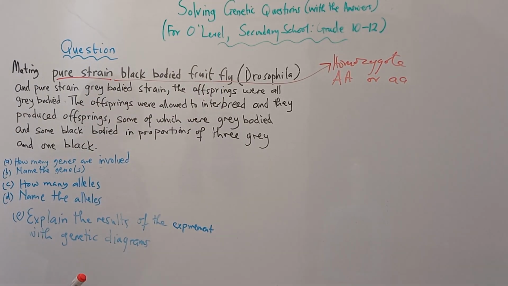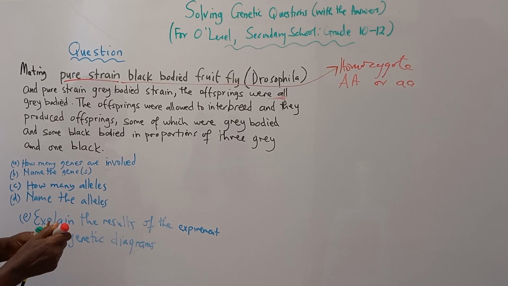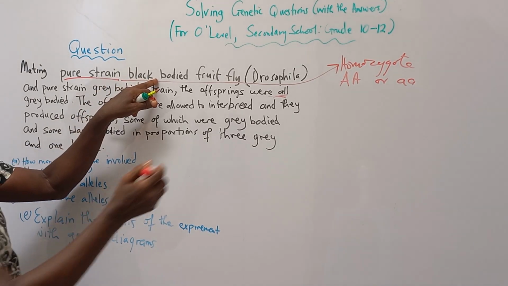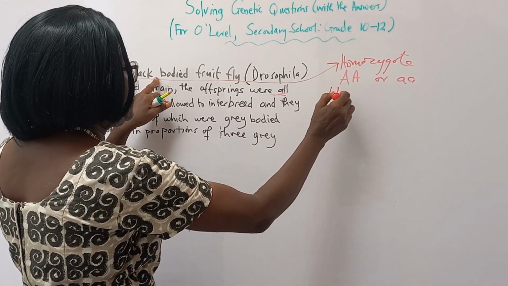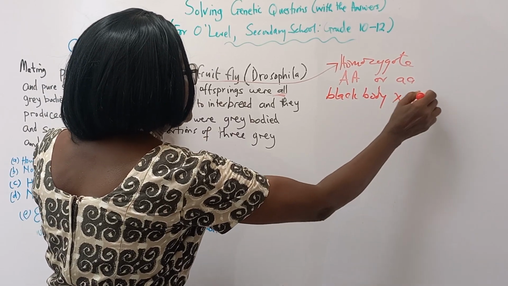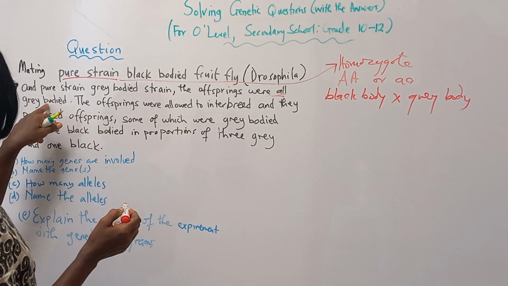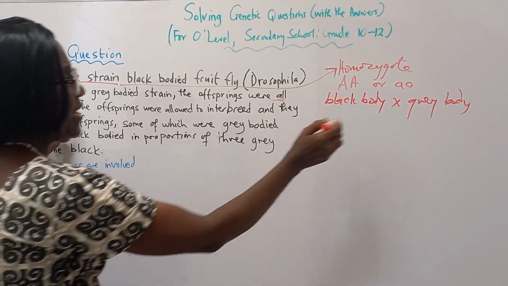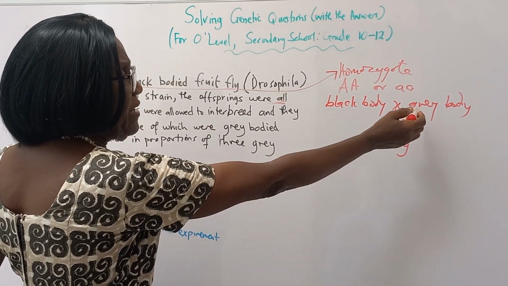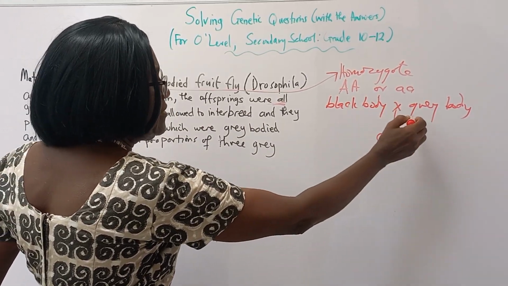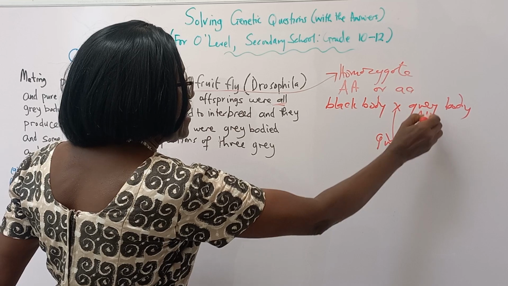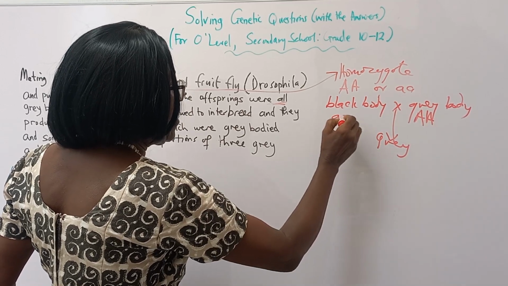That's pure strain. So mating black-bodied and gray-bodied, and the offspring were all gray, meaning gray is dominant over black.